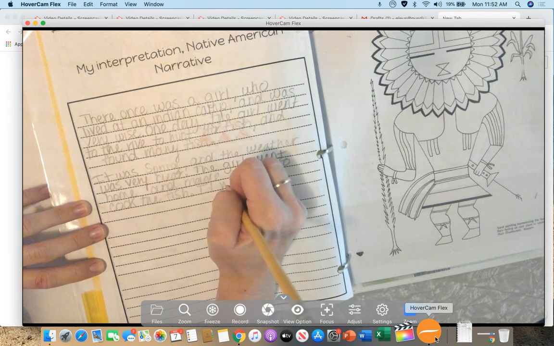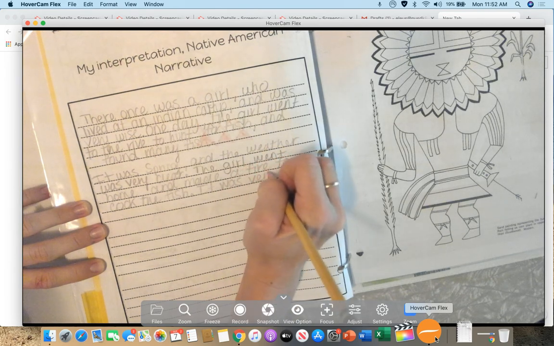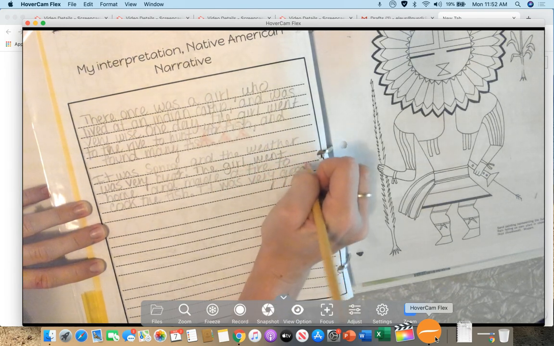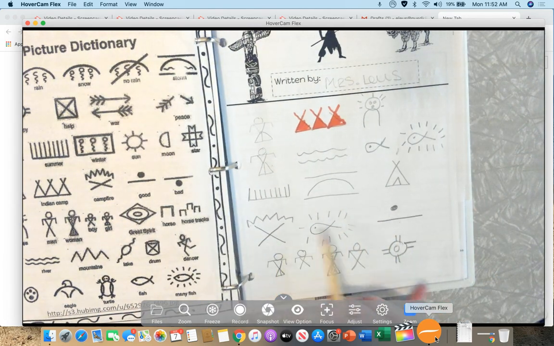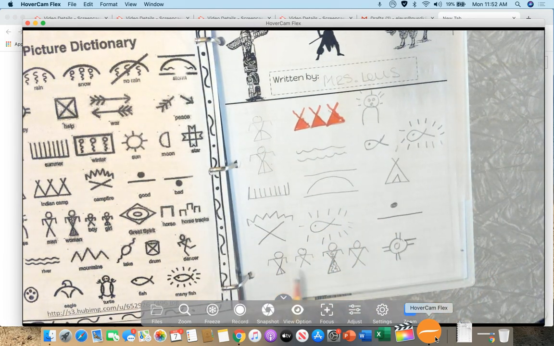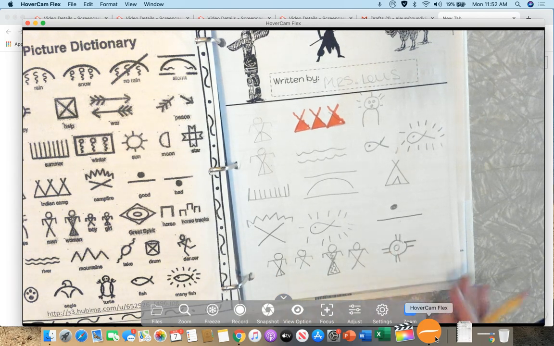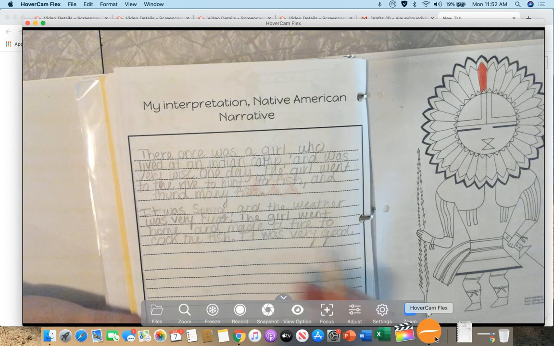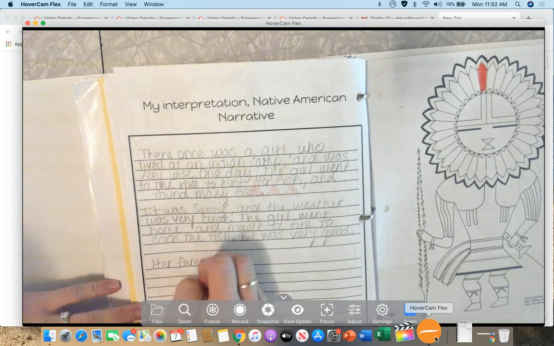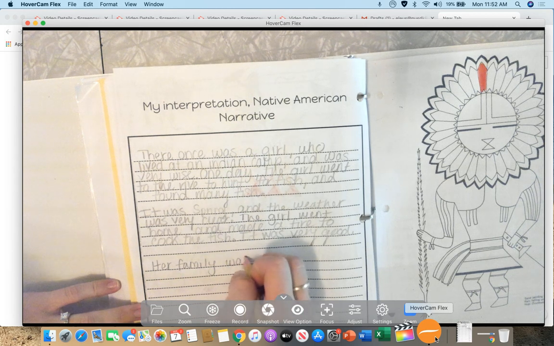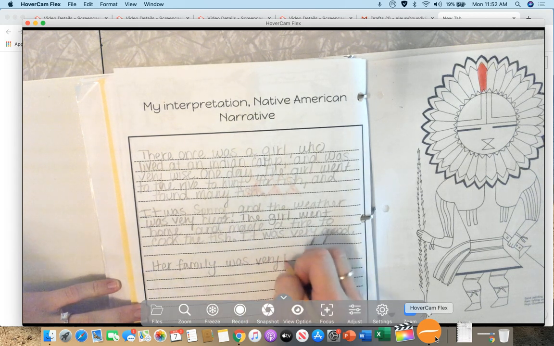It was very good, right? Because I put the good symbol. Built a fire to cook the many fish, and it was good. And then I'm going to say that all of her family were very happy with what the girl did. So, her family was very happy.